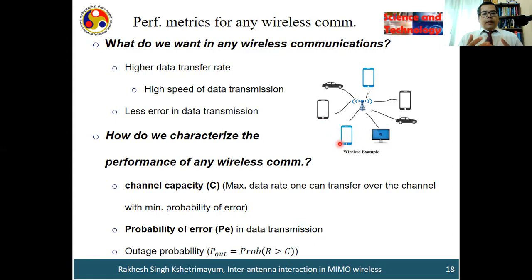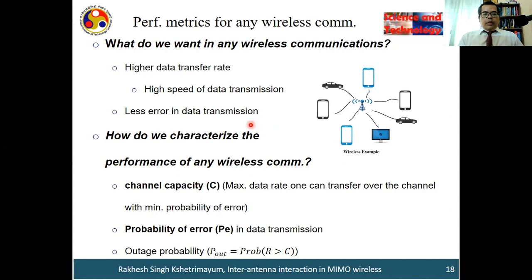You download an audio file, it is downloaded very fast, but you cannot listen to anything because there are a lot of errors. So there are two things here. First is a higher data transfer rate. Second is less error in data transmission. These are the two things any user wants in wireless communication: higher data transfer rate and less error in data transmission.